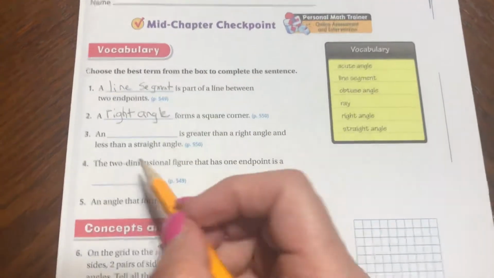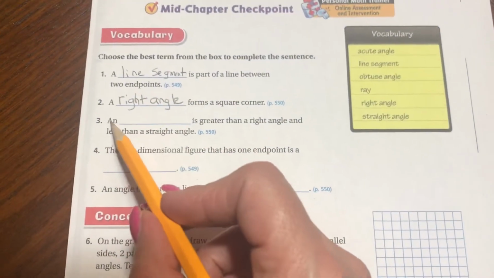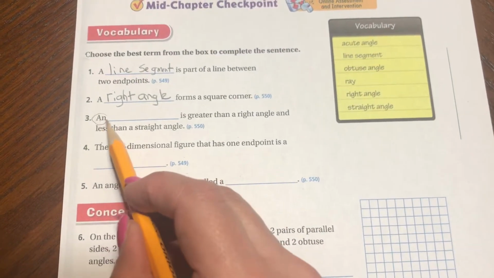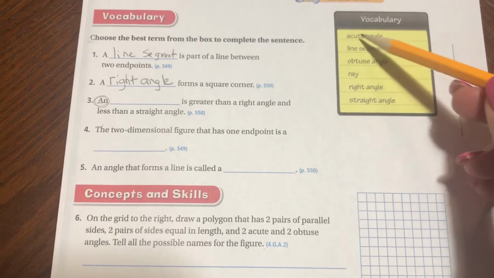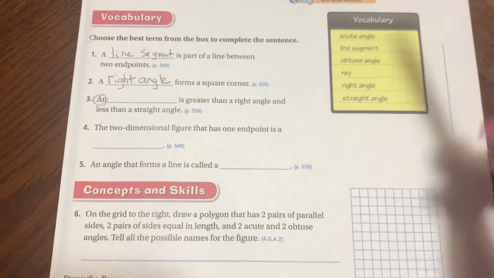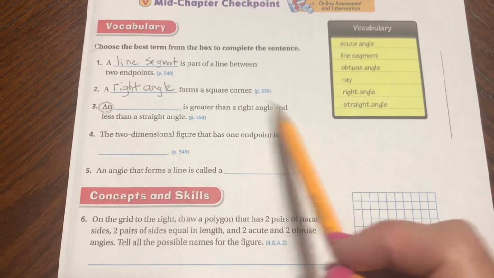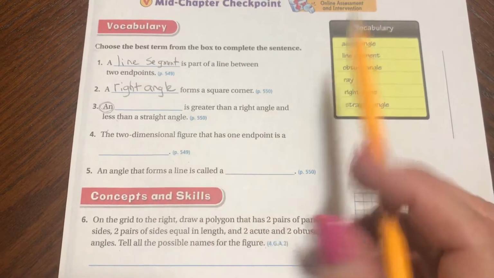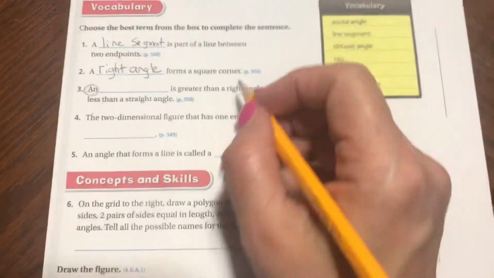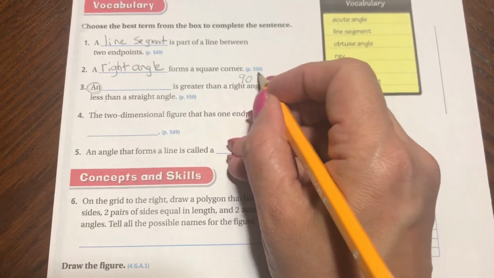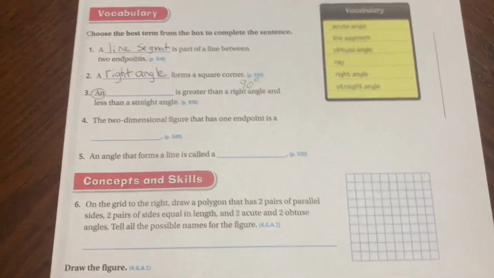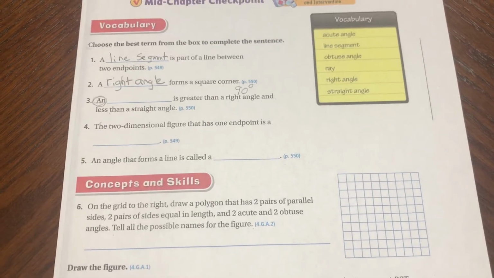All right, let's go on. And, A-N, we know it has to start with a vowel. There's only 2 here, an acute or an obtuse. Let's see what it says. A blank is greater than a right angle and less than a straight angle. Well, remember, a right angle is 90 degrees. We're going to talk about this more when we get into chapter 11, okay?